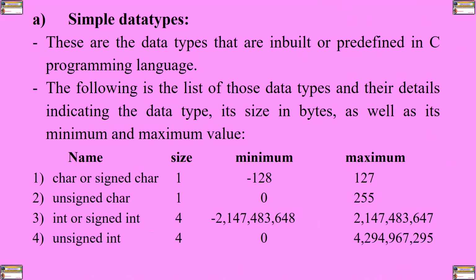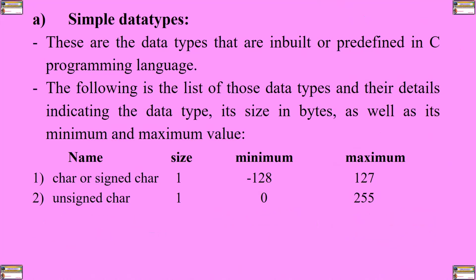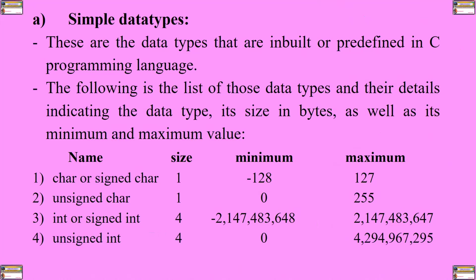The fourth data type is unsigned int. You can see, whereas its size in bytes is 4, the minimum this memory can hold is 0. And the maximum is 4,294,967,295. So the difference between this data type and int is that int will accommodate negative numbers, but unsigned int will not.